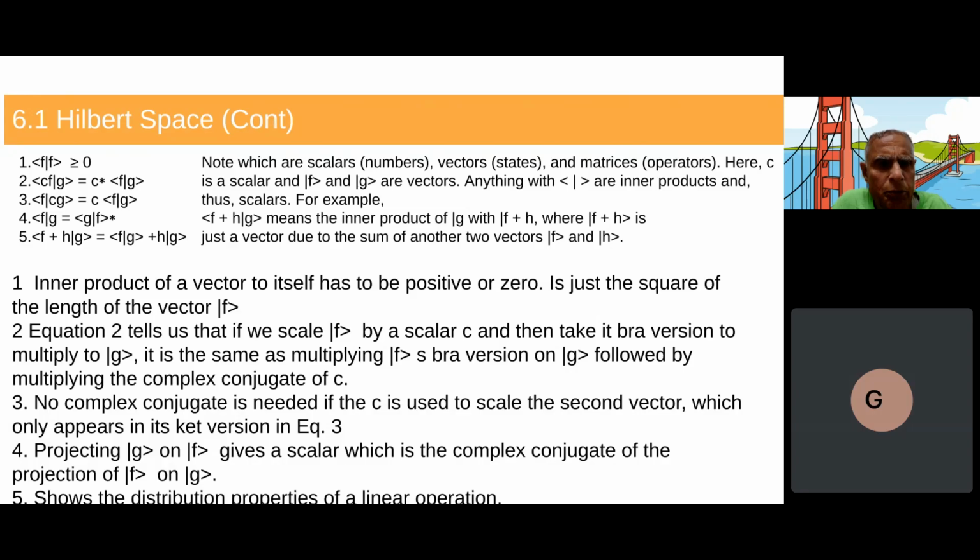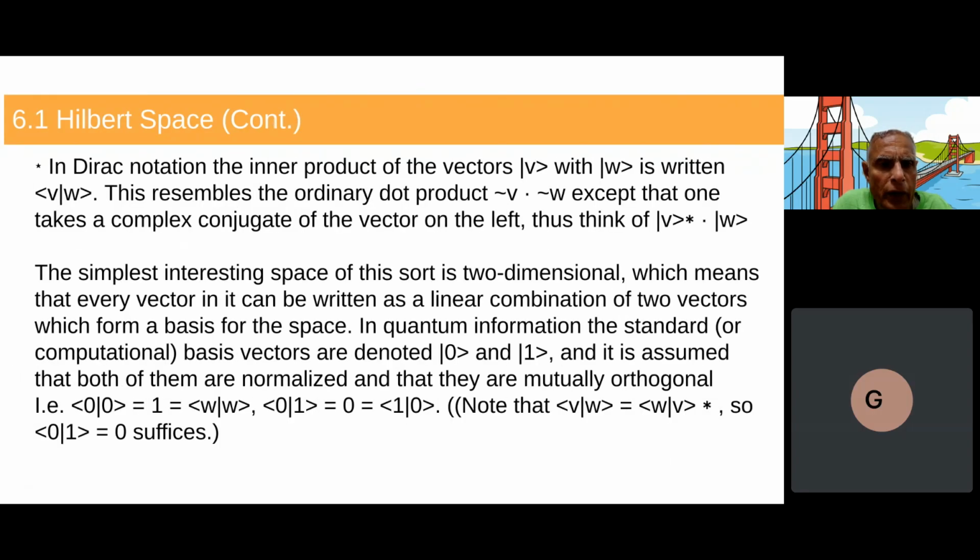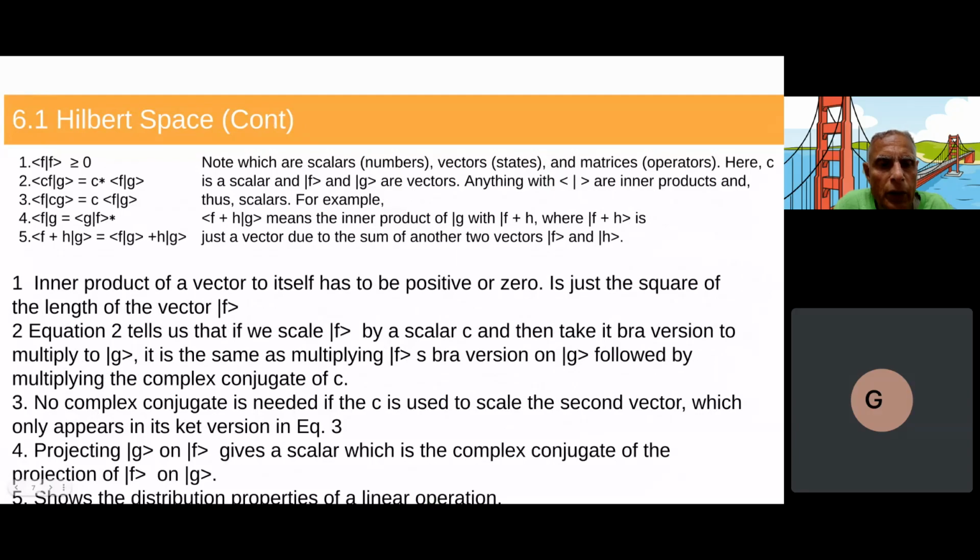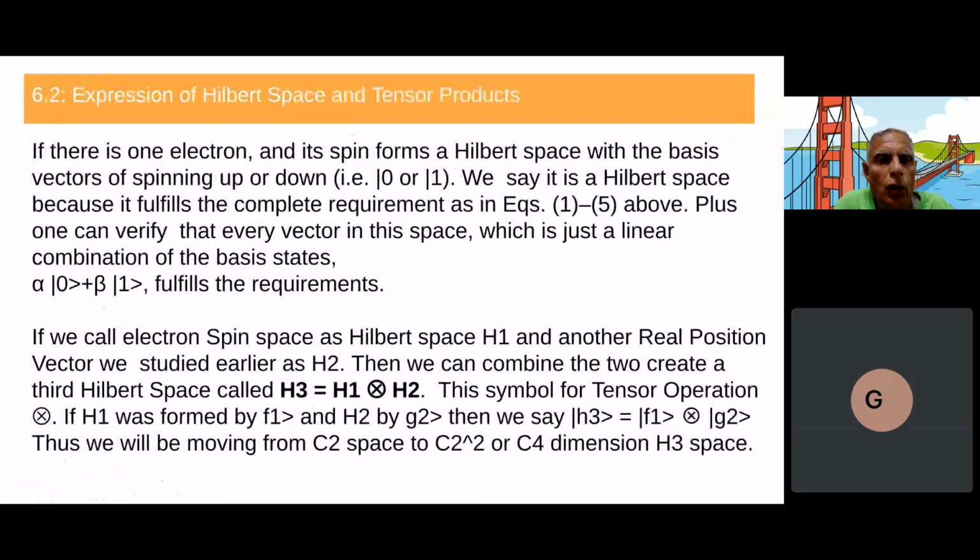It's a bit tricky, but in the previous slide, remember that for an orthonormal basis the inner product will be equal to 0, and for a non-orthonormal basis there will be 1. So these two are the ultimate conclusion, and I will move on to the expression of Hilbert space and tensor product.